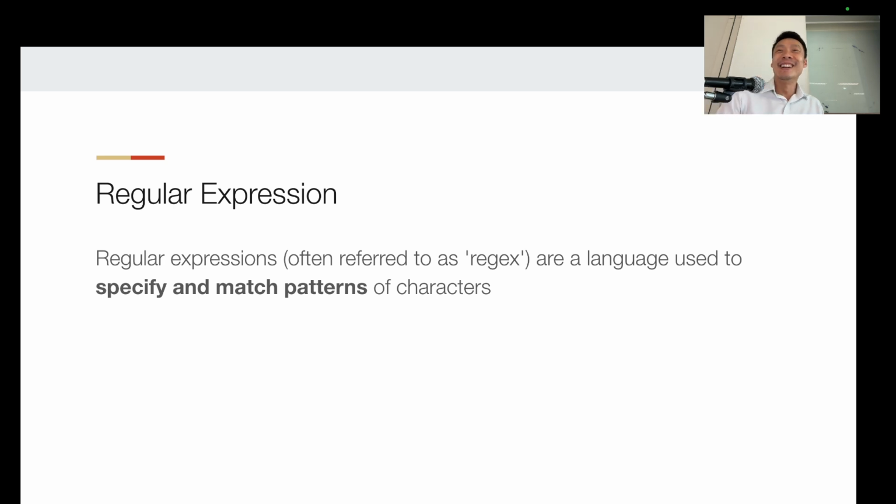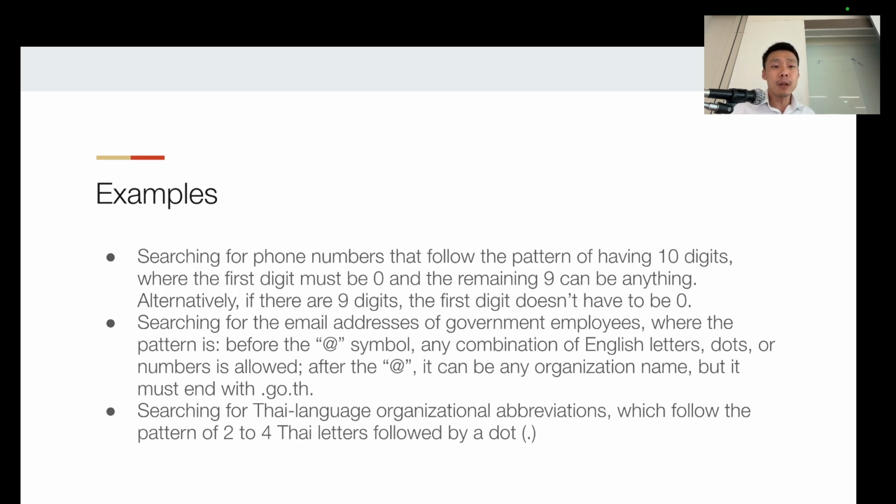Okay, regex is a language used to specify and match patterns of characters. So for example, sometimes you want to search for things that are quite complicated. Say you want to search for phone numbers that have 10 digits, where the first digit must be 0, and the remaining 9 can be anything.